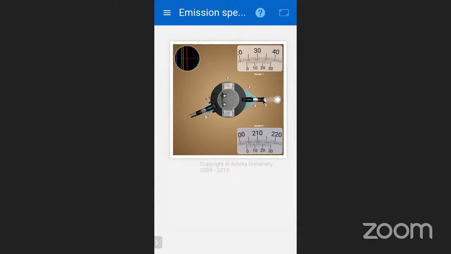So we take the first readings V1 and V2, and the same procedure is repeated on the left-hand side. Then note down the readings V1 and V2.